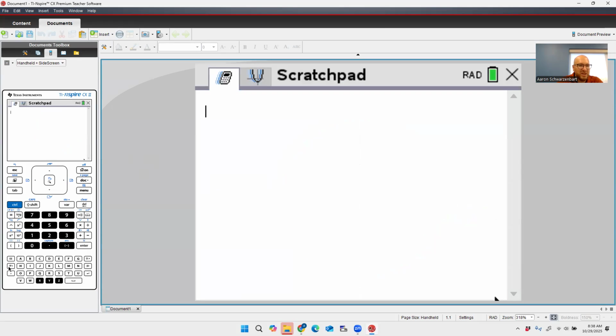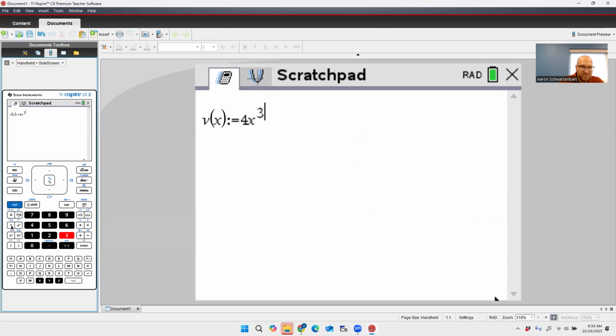So, if you do this, we can call v parentheses x. And if you do your colon equal, you can define your function. Colon equals is control of the button next to 9.